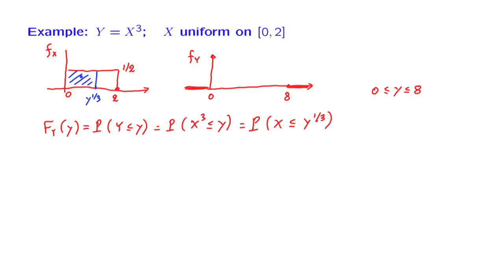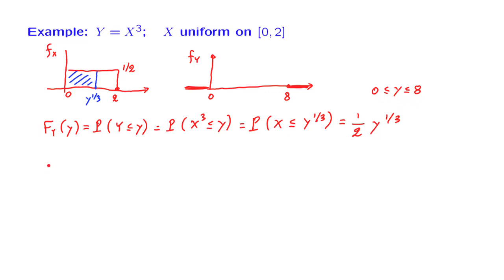And since it is uniform, this area is easy to find. It's the height, which is 1/2, times the base, which is y to the 1/3. So we continue this calculation and we get 1/2 times y to the 1/3. So this is the formula for the CDF of y for values of little y between 0 and 8.